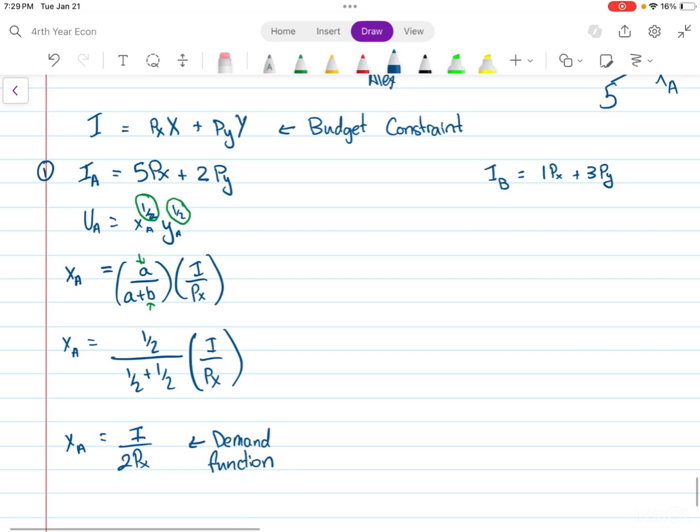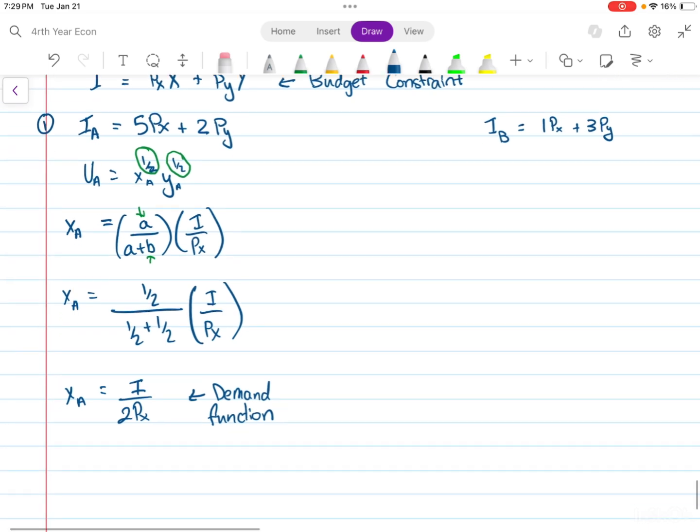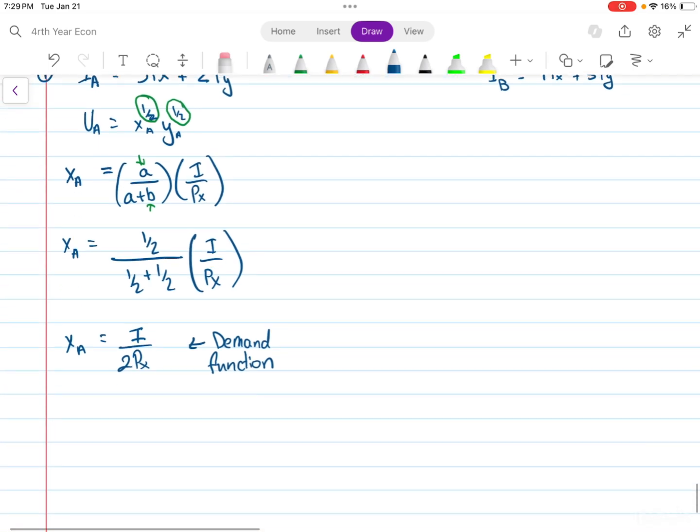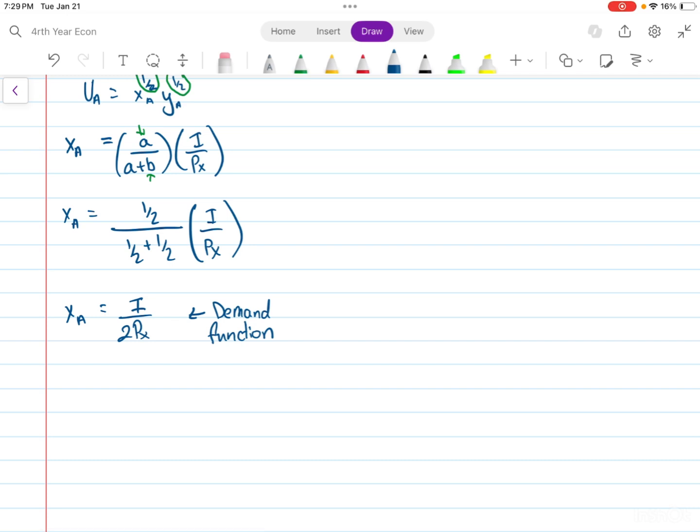Now we want to do the same thing for good Y. Let's make a divider here.